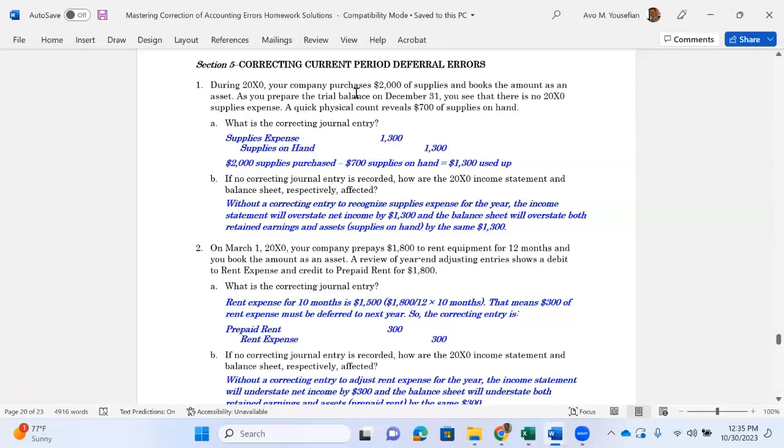As you prepare the trial balance on December 31st, you see that there is no 2020 supplies expense so far. A quick physical count reveals $700 of supplies on hand. So you had $2,000 of supplies, now $700 is left. So imagine there are no beginning supplies.